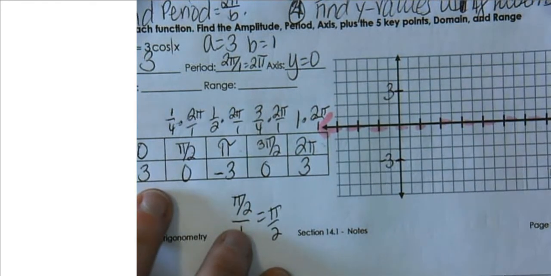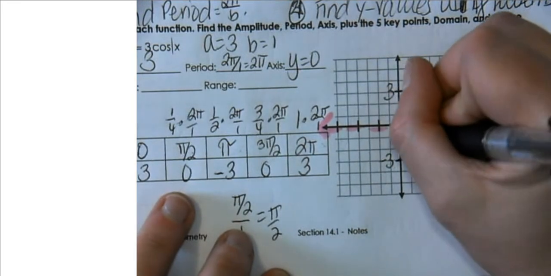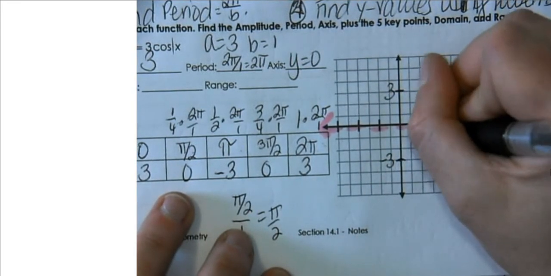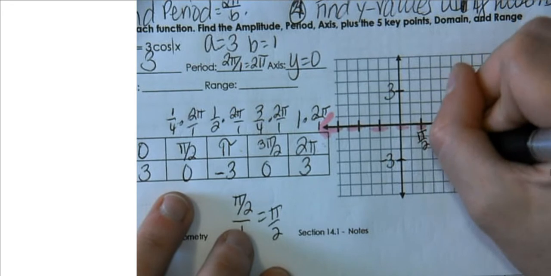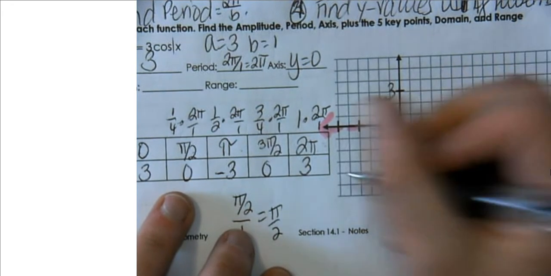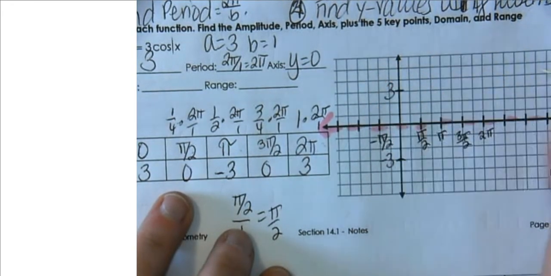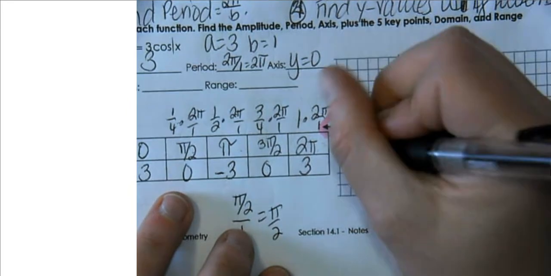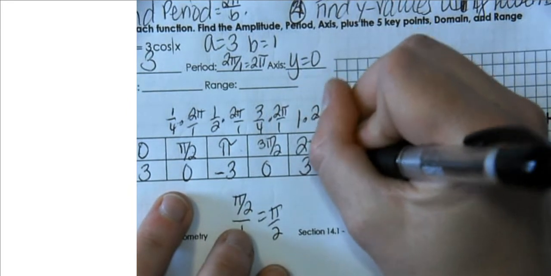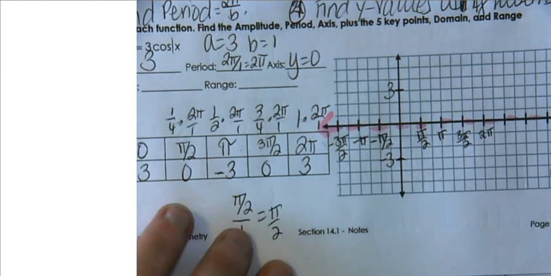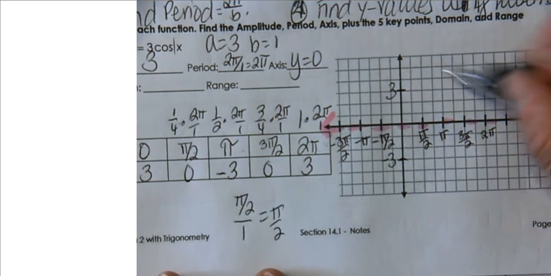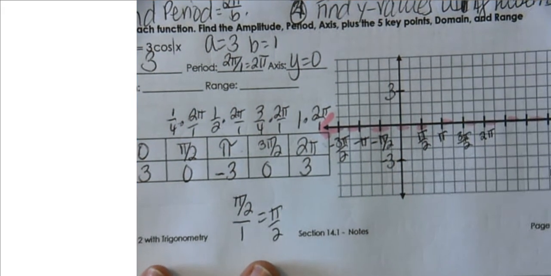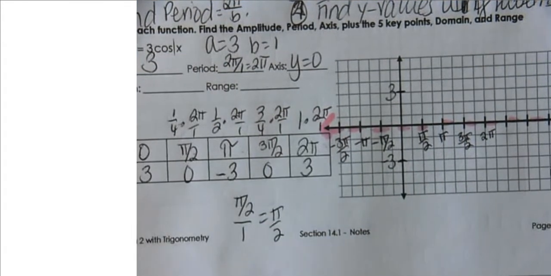My increments are pi over 2, so I'm going to label pi over 2, pi, 3 pi over 2, and 2 pi. On the other side, I have negative pi over 2, negative pi, and then negative 3 pi over 2. So at least label one positive cycle and one negative cycle on the x-axis. I'm going to be looking for your labels.